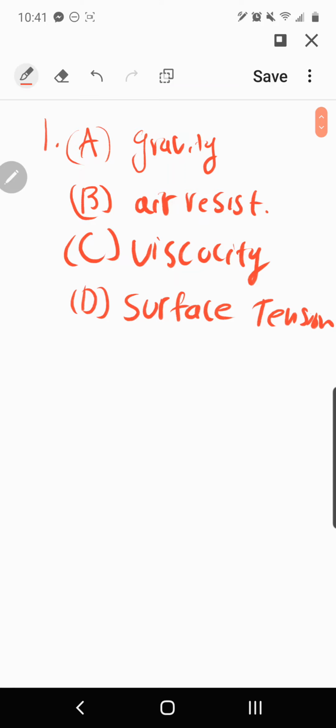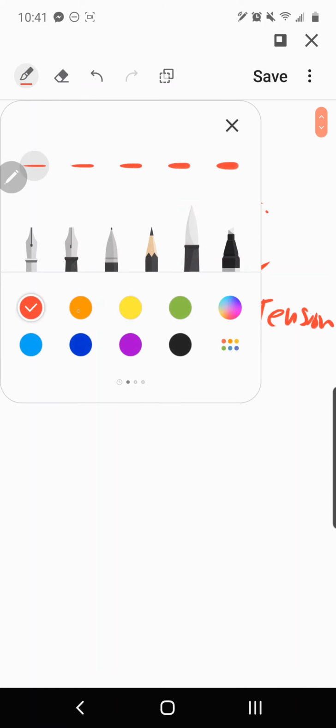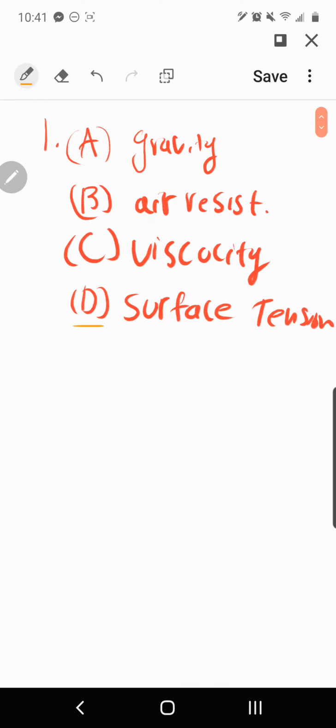The correct answer is going to be surface tension. Do we know why? So surface tension is caused by molecular cohesive forces in a fluid. And this is the cause of the formation of the drops of water, because the molecular cohesion is what causes the droplets of water to stick together and form a stream.